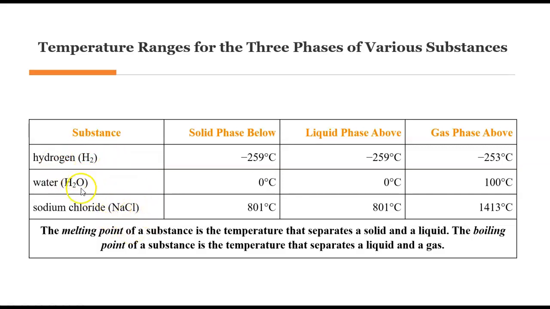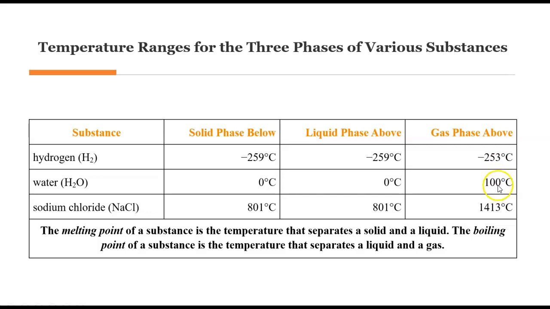And you can see that the solid phase for hydrogen begins at negative 259 degrees Celsius, and the gas phase is above negative 253 degrees Celsius.